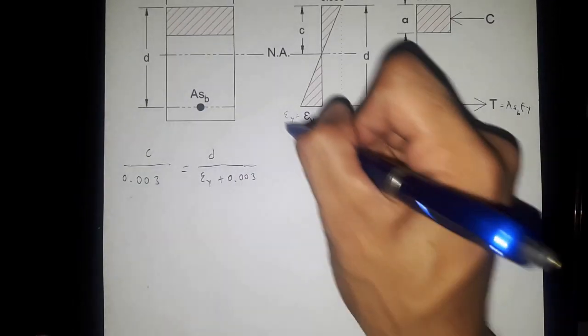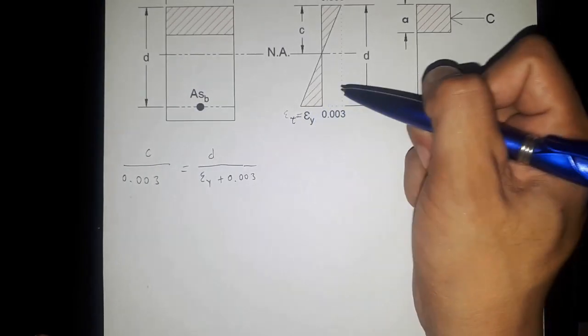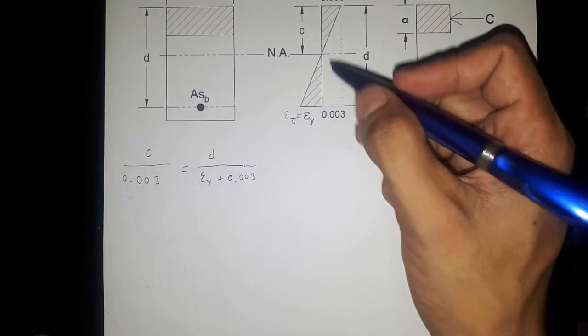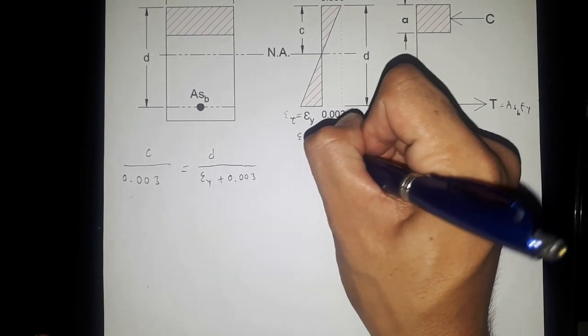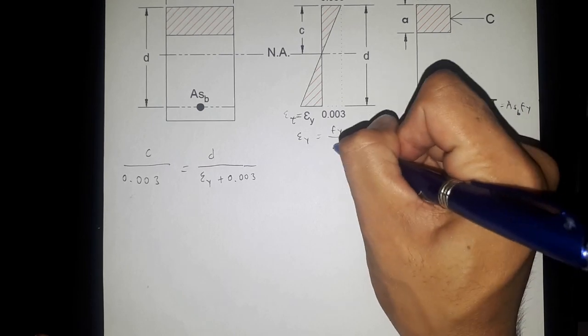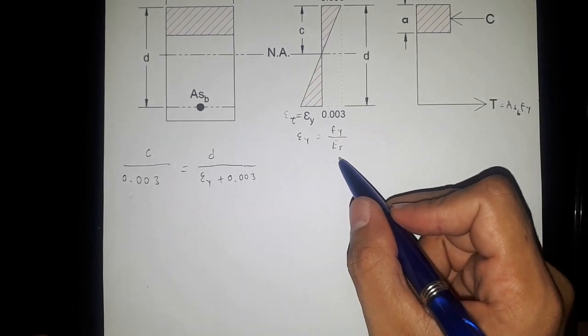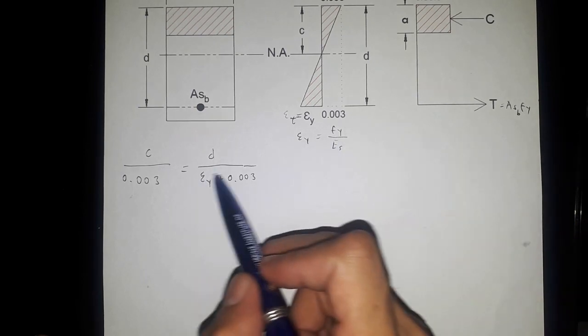Okay. So, dahil yung tensile strain natin ay equal sa yield strain, so using Hooke's law, yung yield strain natin is equal to Fy over the modulus of elasticity of the steel. So, balik tayo dito.